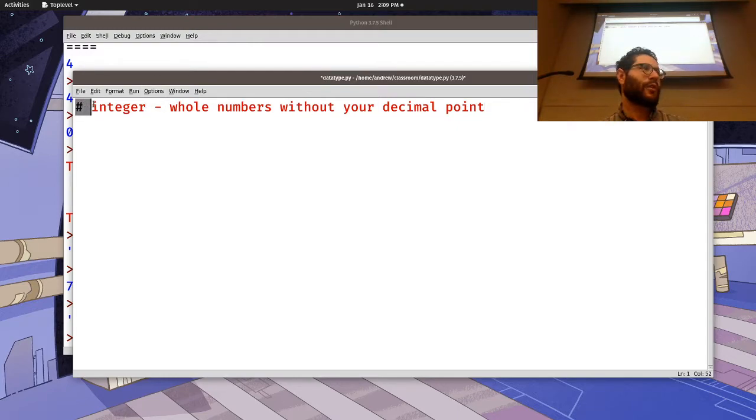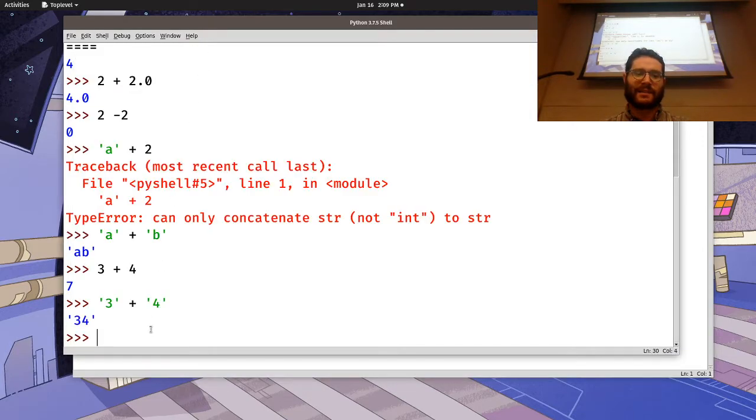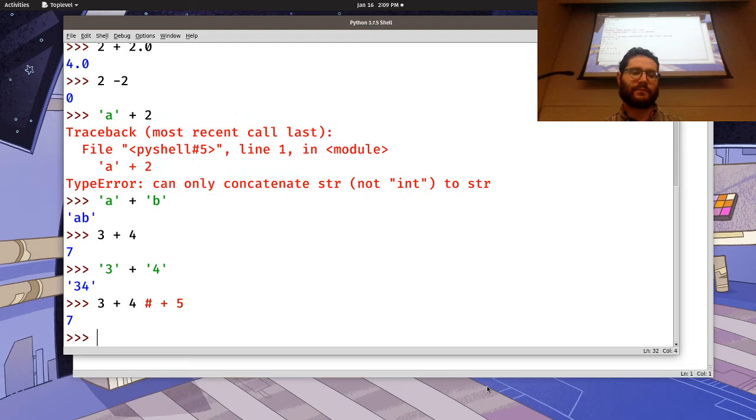If Python sees the hash, it ignores everything after the hash. Watch this. 3 plus 4, and then # plus 5. It's just going to ignore that plus 5 because it's after that hash. It's commented out, as we like.